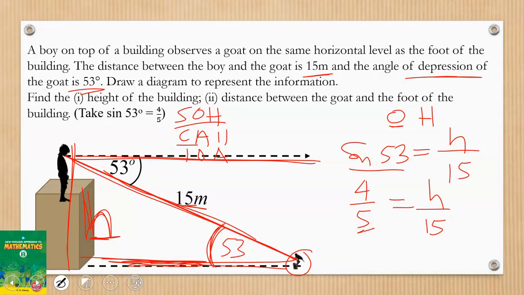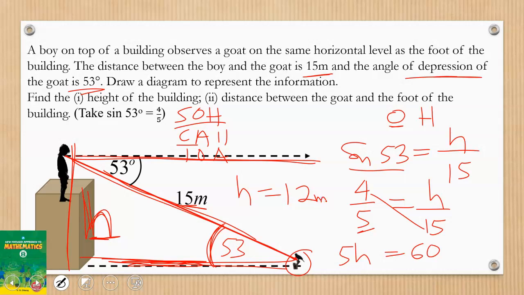So 5 times h will give us 5h, and then 15 times 4 will give us 60. Now we divide both sides by 5 to get our answer for h. So h can be written as 12. So 12 meters is our answer for h.